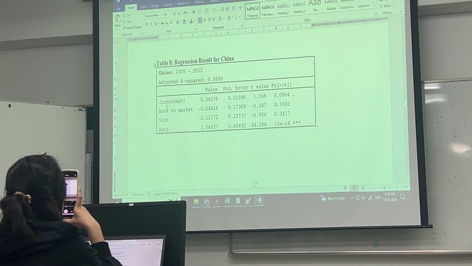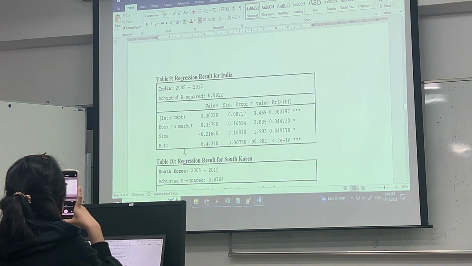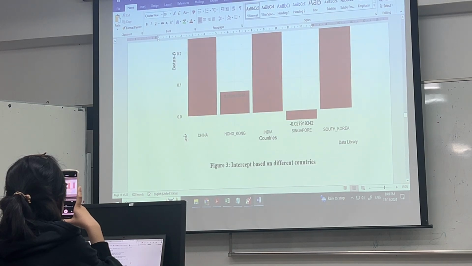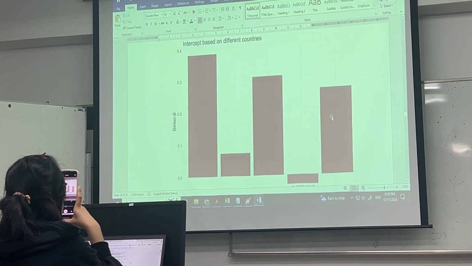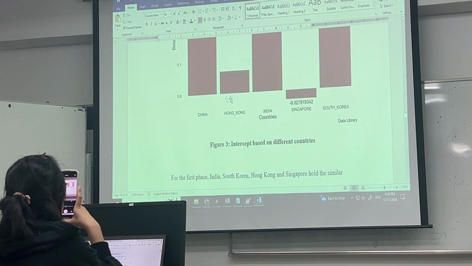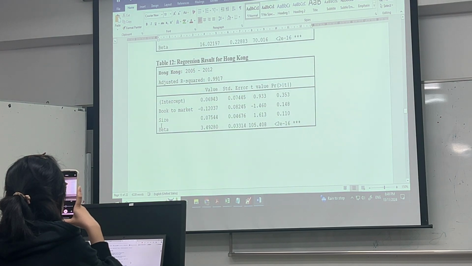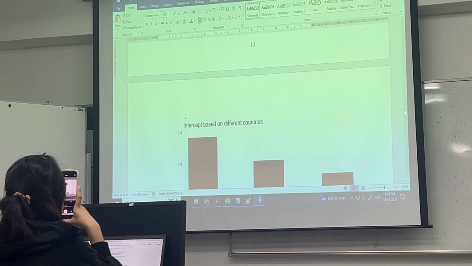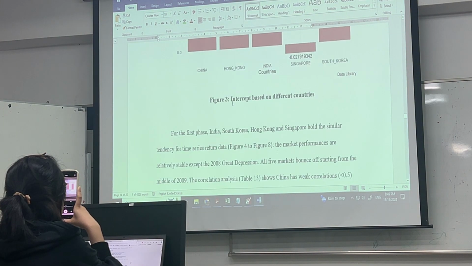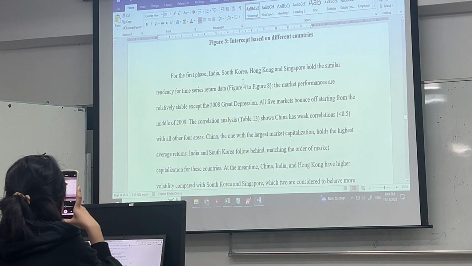So I think it's the three factors here. Yeah, I think it's the three factors reported for the different countries. And then the intercept based on different countries, they report that intercept. They explain the beta. Oh, the beta is for the constant. Okay, here is the constant. Then what is this? Beta. So if you have time, right, intercept is the constant now. If you have time, then go through what the beta is here, right? Intercept.